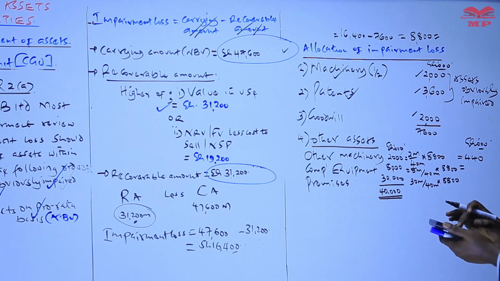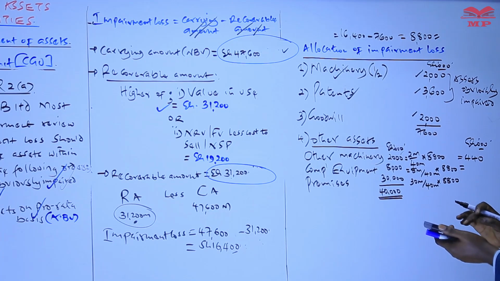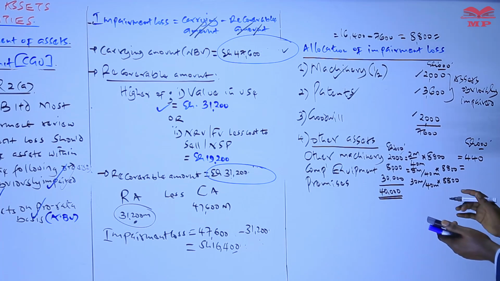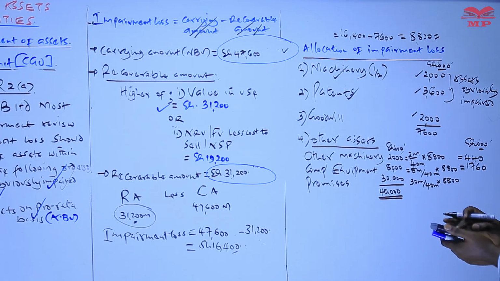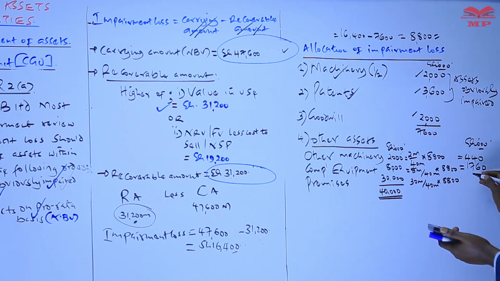What about computer equipment? We have 8 all over 40 times 800, and that will give us 160. And then finally, to premises, 30 divided by 40 times 800, which will give us 600.